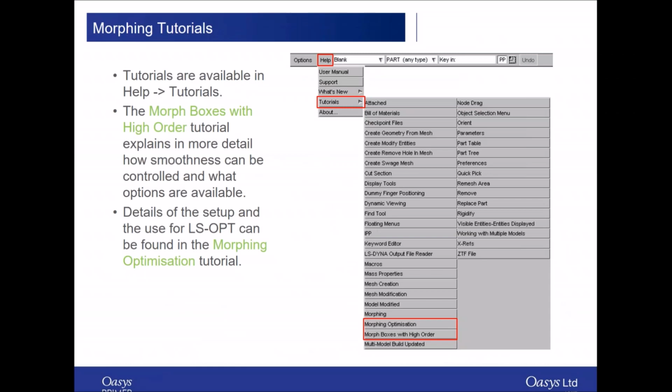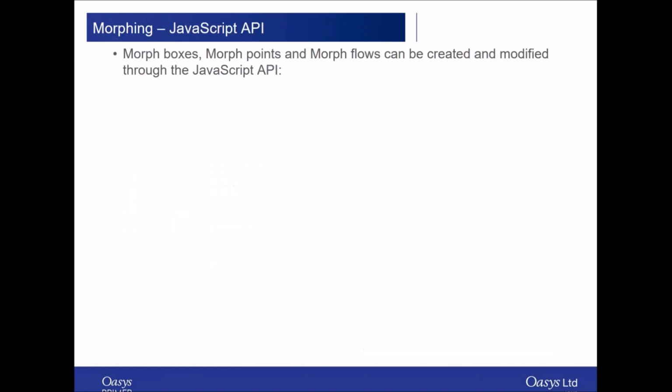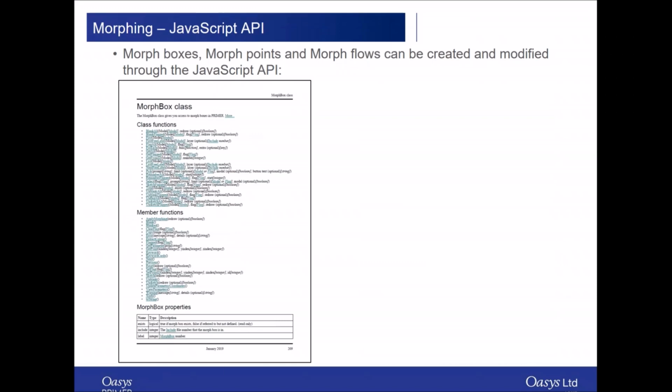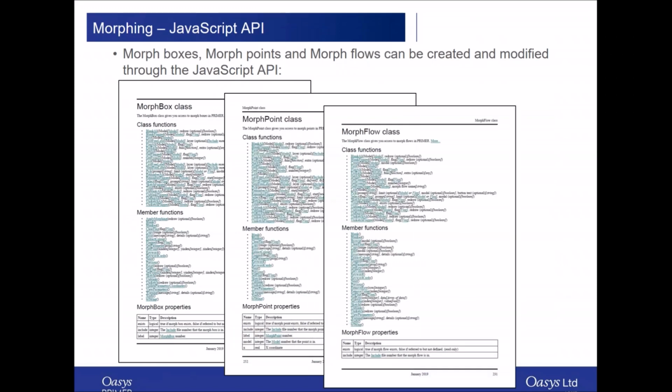Now, there's a lot more information related to that and how to set it up and use it. And so if you look in the tutorials in Primer, you'll find particular tutorials on morphing optimization and morphbox, higher order morph boxes as well. And it will tell you how to use them and how to set it up to work in LS-opt. Now, finally, with morphing, I mentioned before we have an internal scripting language.